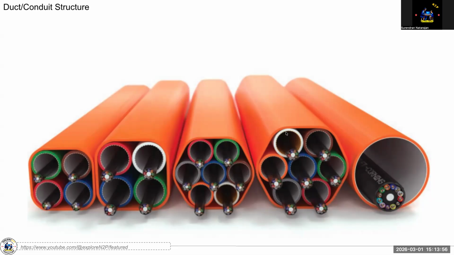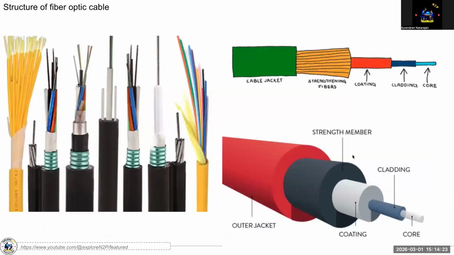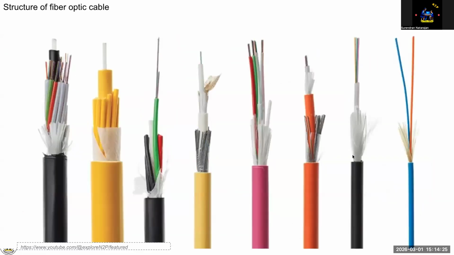But this is the same size, and how many inner ducts are there? One, two, three, four, five, six, seven. Seven ducts, so it can carry seven such cables happily. So these are all modern developments. Once you have laid the duct, usually, where is the food?